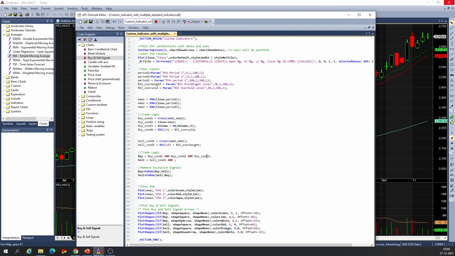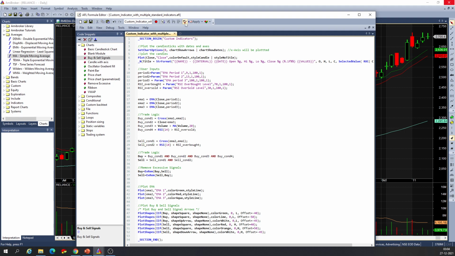So for the time being, maybe we will use buy condition 4 and sell, and in the sell logic we have sell condition 4, and now we'll use the sell condition 2, and that's all.